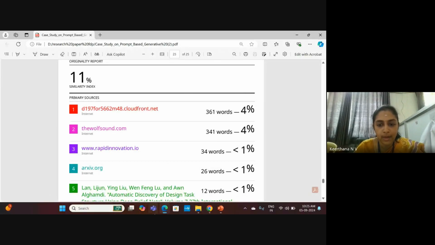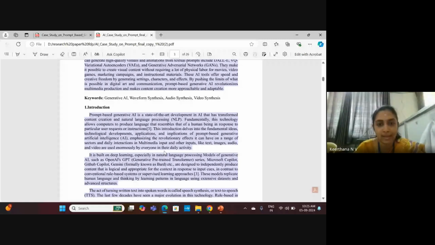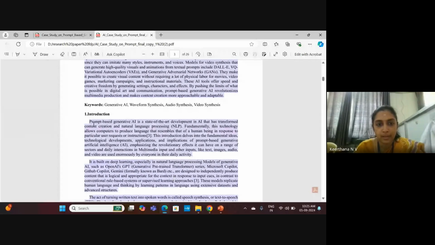But the same document I checked using Turnitin. See here, all the lines have been found by AI Turnitin. But this content was written using a content rewriter. Every sentence was found by AI Turnitin. These contents were taken from Google and rewritten using a content rewriter tool, but the other tool did not find it. In Turnitin it was easily found out.